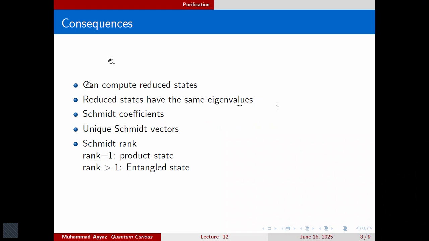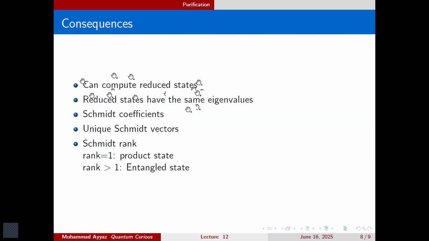By knowing the Schmidt decomposition, we can compute the reduced state, and it is one of the important advantages of the Schmidt decomposition, because if we do not know the form of the pure state, or if we do not know the specific form of the larger state in a simplified form, we cannot calculate the reduced states. So this is one of the advantages of calculating the Schmidt decomposition of the state.